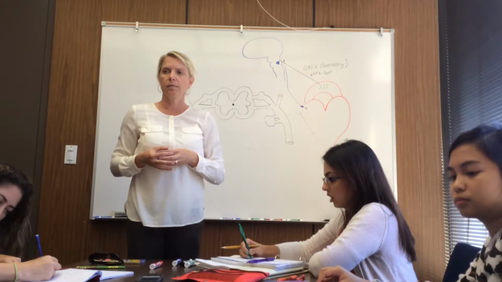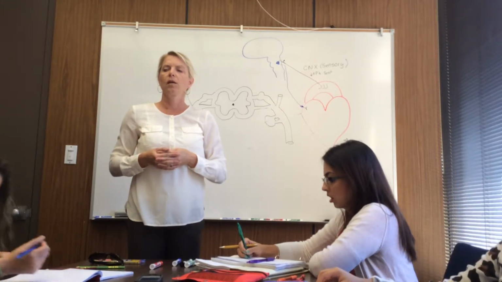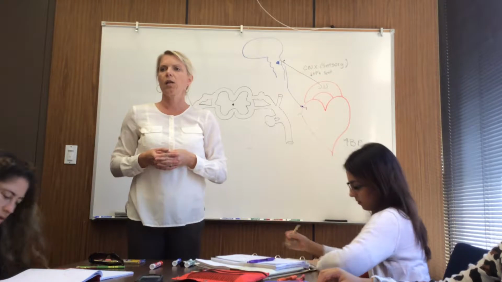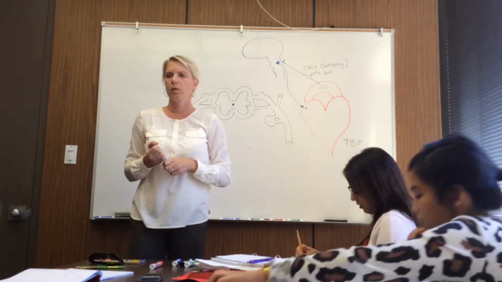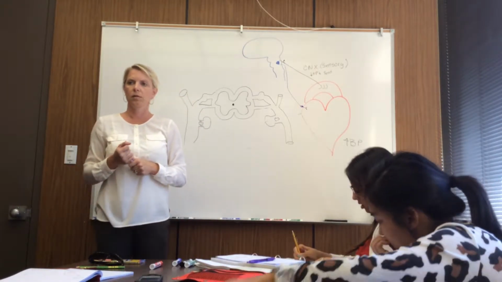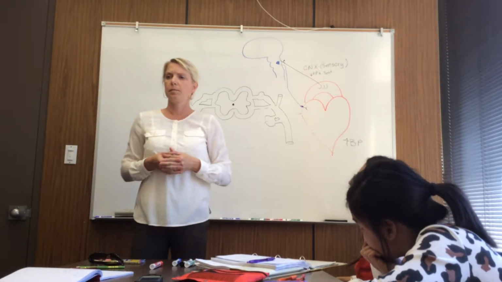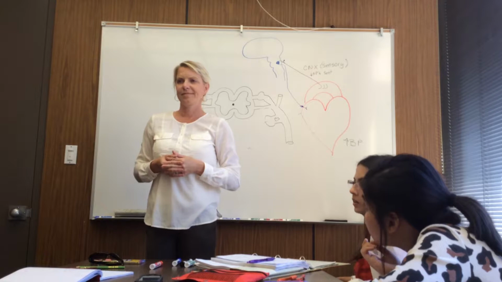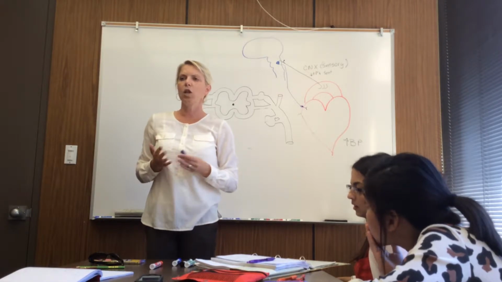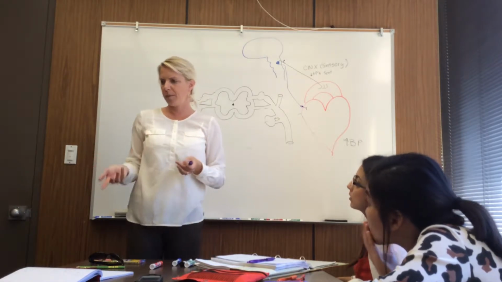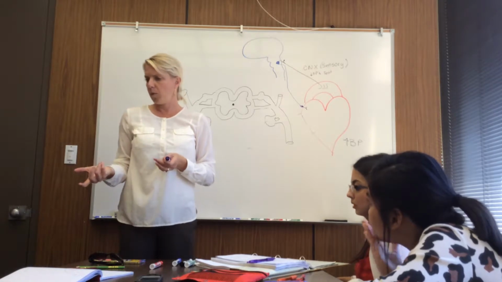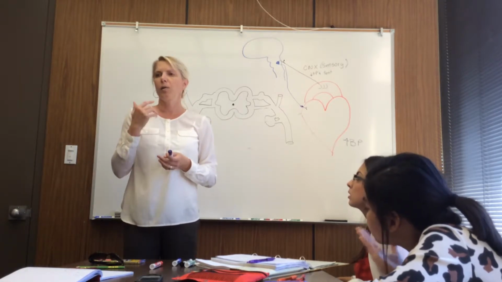So then sympathetic has short pre, long post. Which one is the longer word? Parasympathetic. That's how I remember it. That one has the long first neuron. Sympathetic is a shorter word. It has the shorter first neuron.